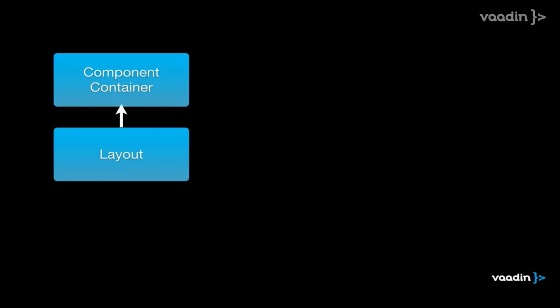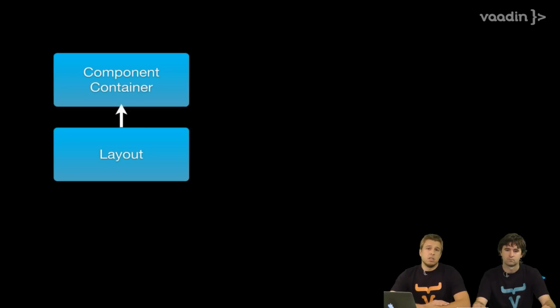We'll cover the component containers in more detail at the end of the presentation, but we'll start by discussing the general layouts and what, for example, the layout interface brings on top of the traditional component containers.